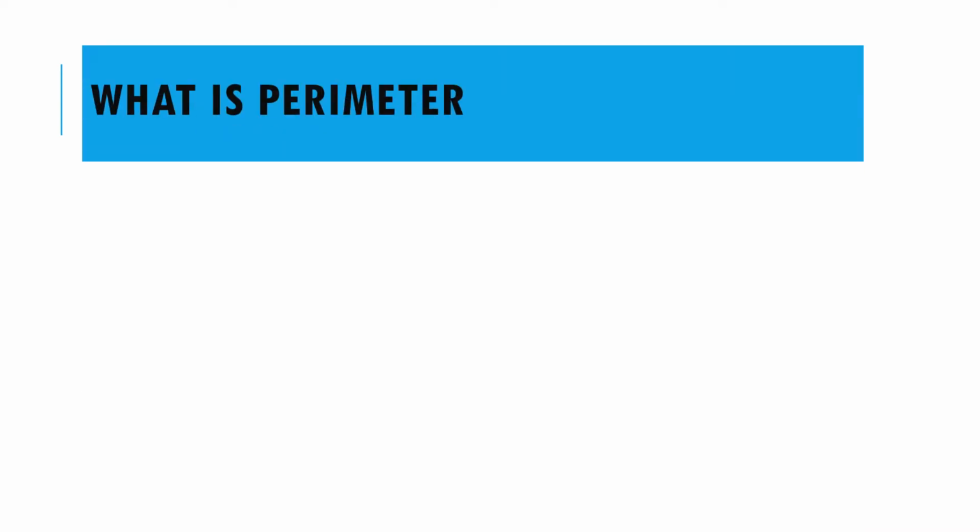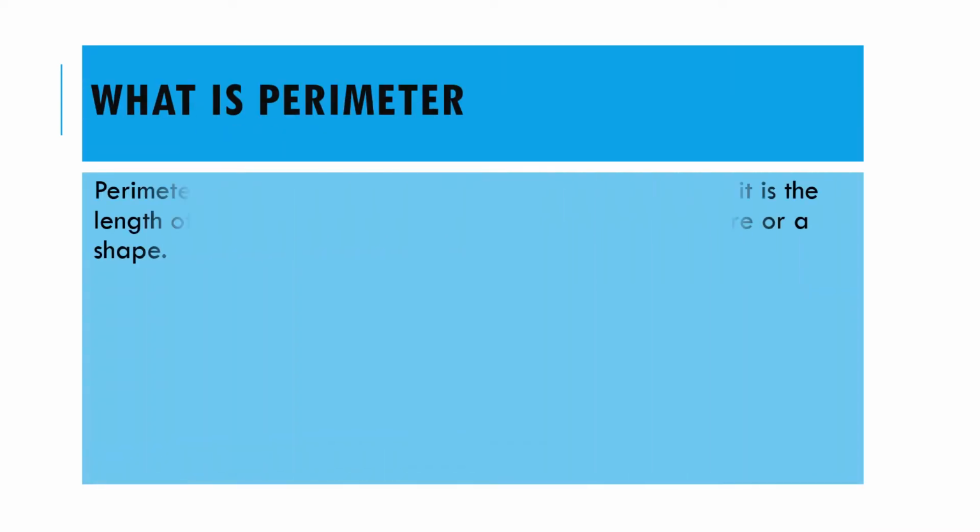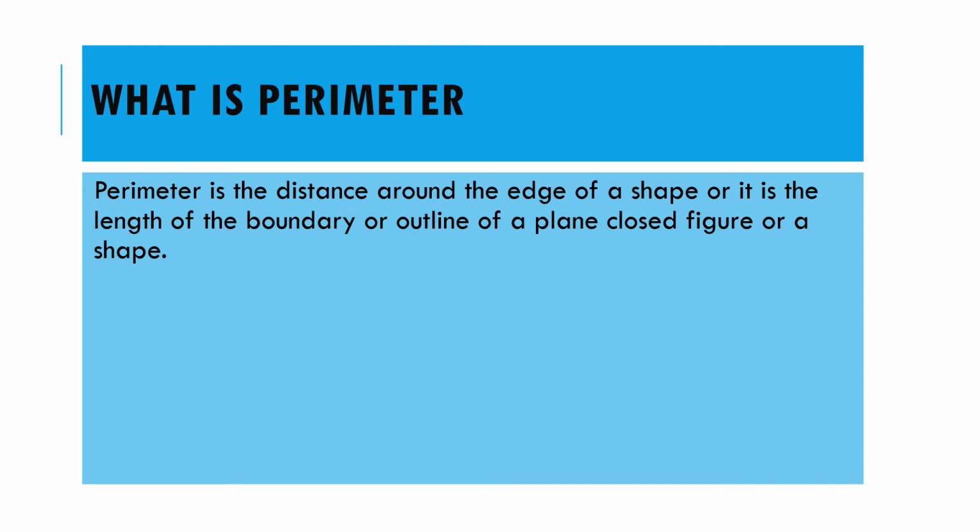What is perimeter? Perimeter is the distance around the edge of a shape, or it is the length of the boundary or outline of a plane closed figure or a shape, or it is the sum of the length of the sides, so its unit is meter and centimeter.